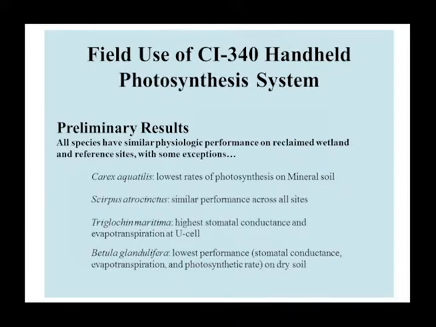Triglochin seems to really like very, very wet areas, which during the growing season that I measured was U cell, so it had high stomatal conductance and evapotranspiration at U cell. And then Betula had very low performance on dry soil, and that was all across the board with all its physiological responses: the stomatal conductance, evapotranspiration, and the carbon assimilation.